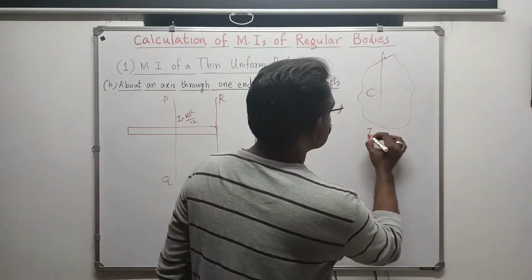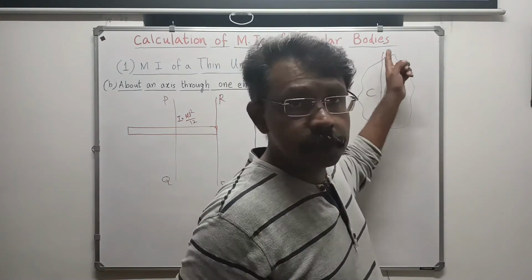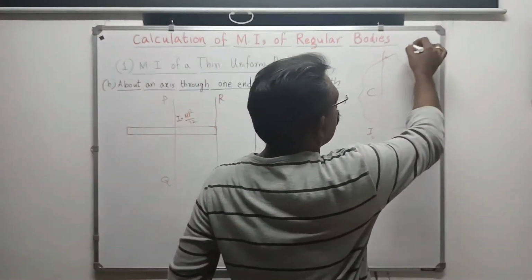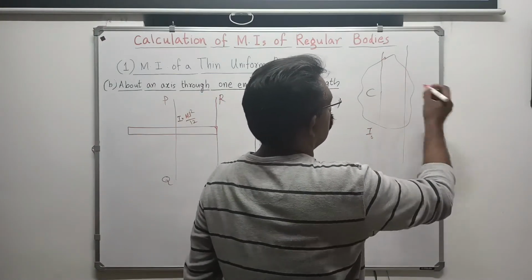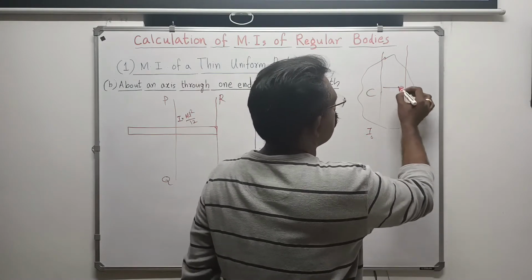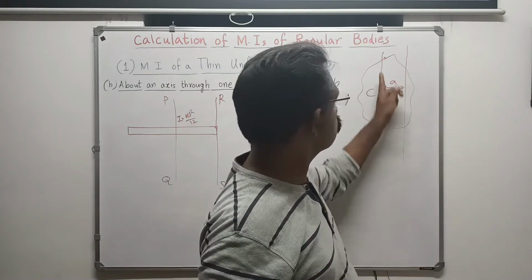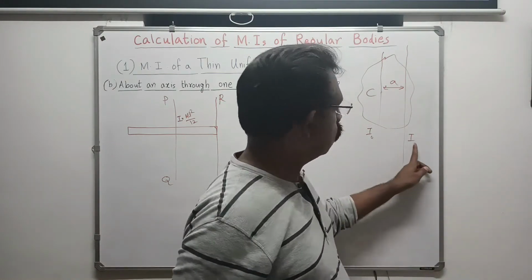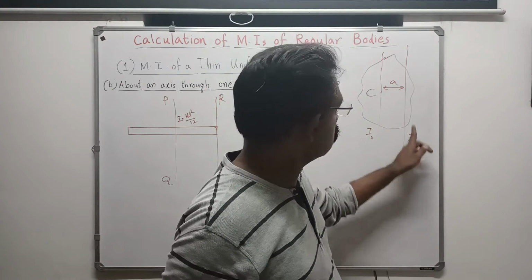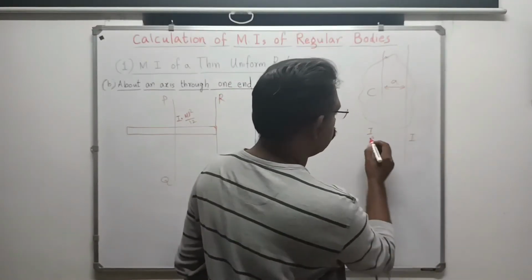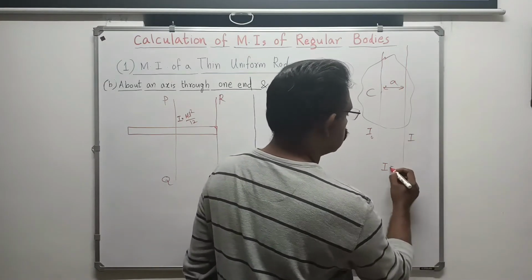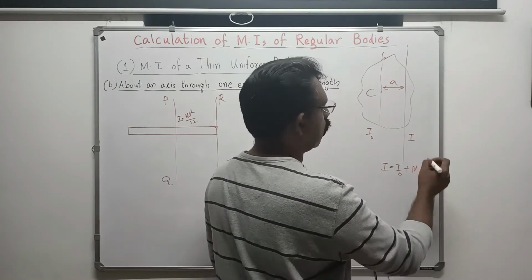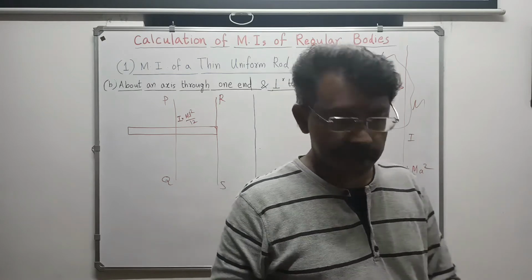If the moment of inertia of this body about this axis passing through the center of mass is I0, and I am considering another axis here which is at a distance a from the axis through the center of mass, then if I is the moment of inertia of the body about this axis, this can be written as I0 plus m into a squared. What is m? M is the total mass of the body.